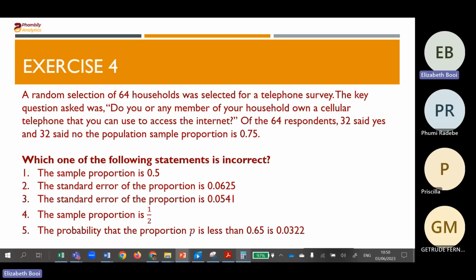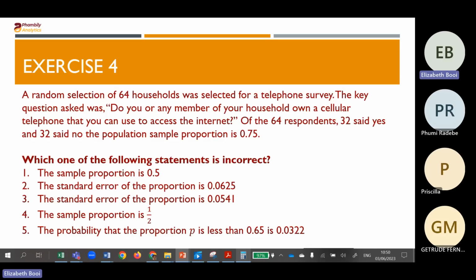Moving on to exercise 4. A random selection of 64 households was selected for a telephone survey. The question to ask was, do you or any member of your household own a cellular telephone that you can use to access the internet?